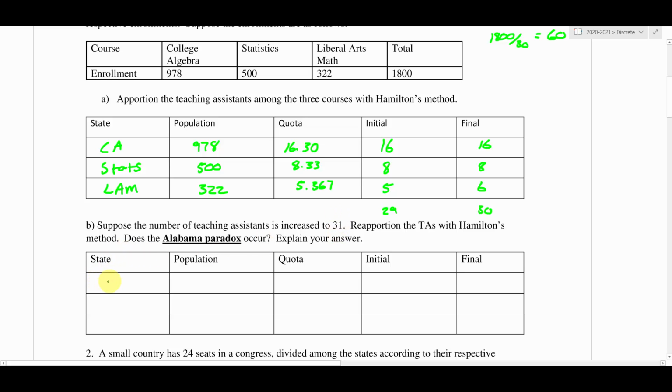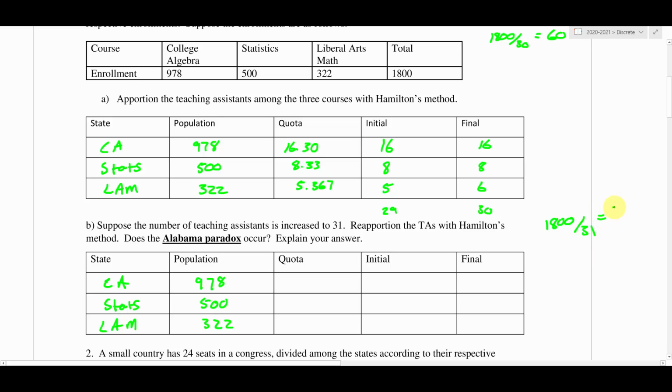Everything else stays the same: we have college algebra, stats, and liberal arts math. All the populations stay the same, so I'm just going to copy those down here. And this time, when I calculate my divisor, we still have 1,800 total students, but we're going to divide by 31, and we get a new divisor.